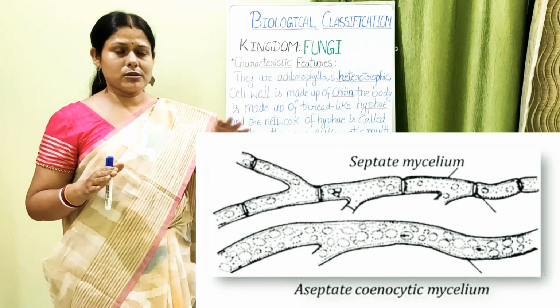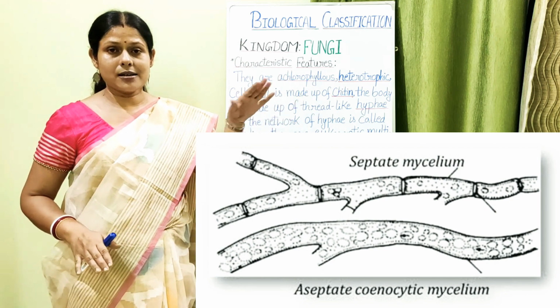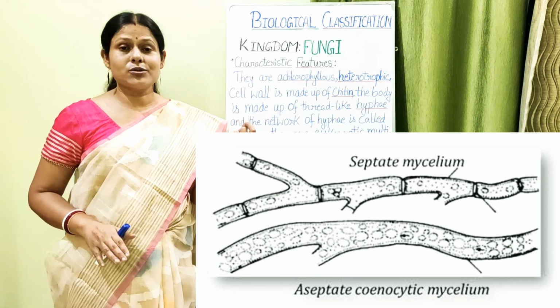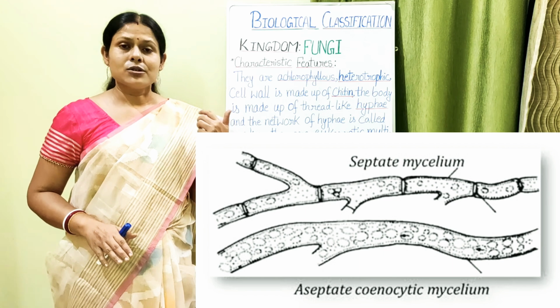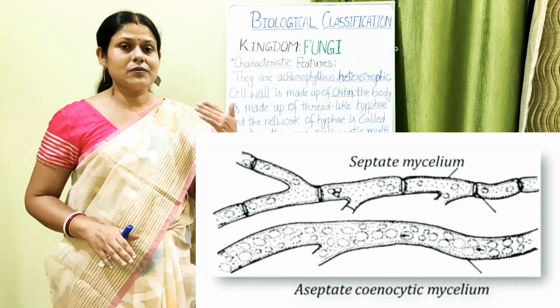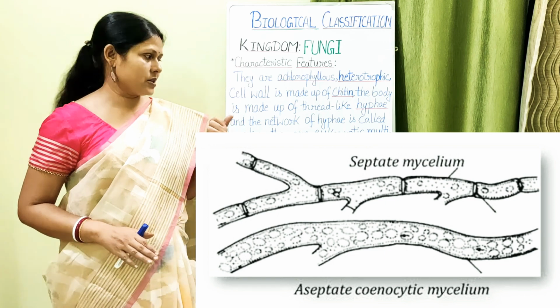It is all throughout. A lot of nuclei are freely suspended within the cytoplasm. So such a condition is known as the coenocytic condition. That is also found in some groups of fungus, which we will be seeing when we read about the various classes of fungi.